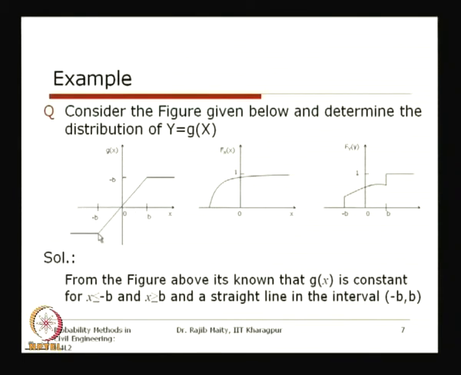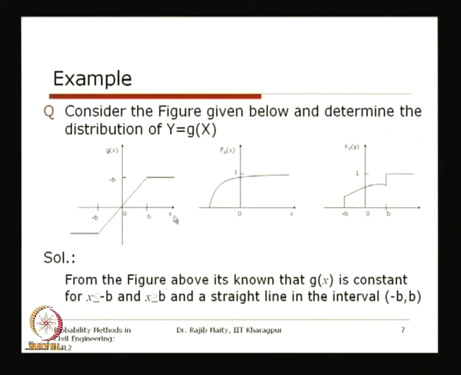For the first region, when x is less than or equal to minus b, the value of g(x), or y, is minus b. When x is greater than or equal to b, the value of y is b. This will not be minus b, this is b. For the zone from minus b to plus b, it varies linearly.